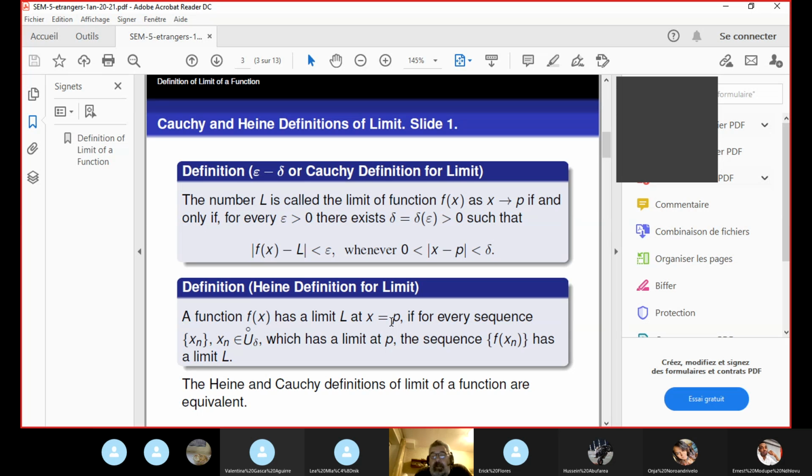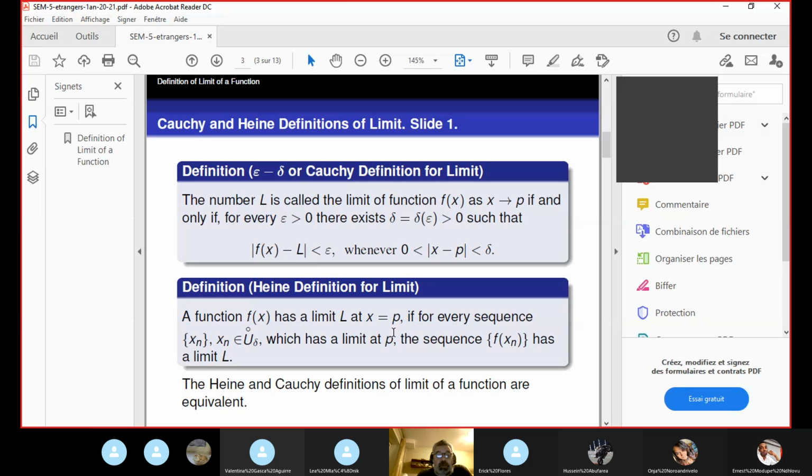So I take any sequence x sub n which is convergent, and the limit of this sequence is p, and for any of these sequences, I have to have that the sequence of f of x sub n has the same limit, which is L. Is it clear, or do I have to repeat in other words? Yes, Professor, it's clear.